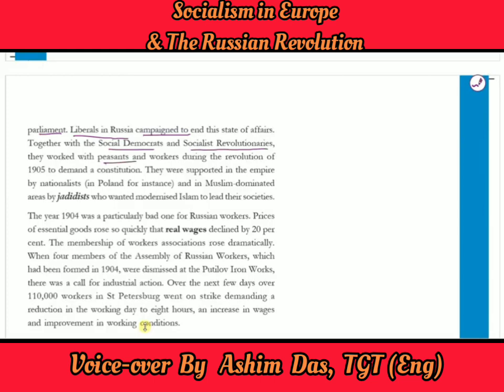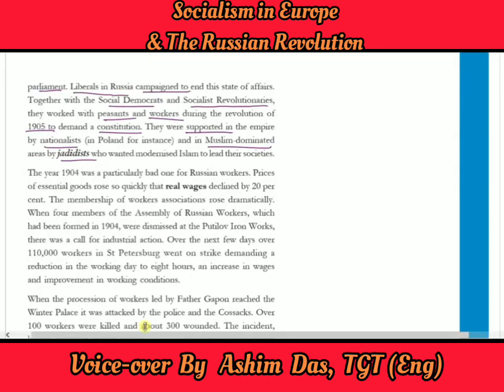Together with the social democrats and the socialist revolutionaries, they worked with the peasants, farmers, and workers during the revolution of 1905 to demand a constitution, to control the power of the Tsar. They were supported in the empire by nationalists in Poland, for instance, and in Muslim dominated areas by jihadists.